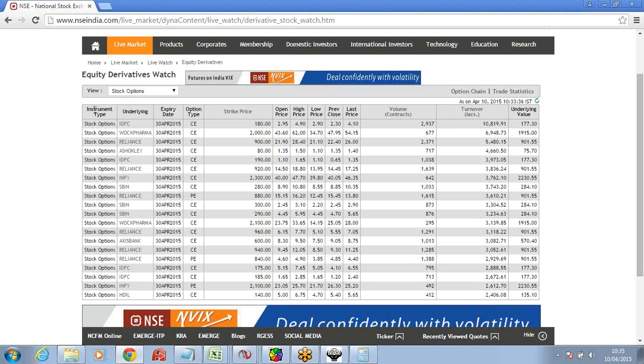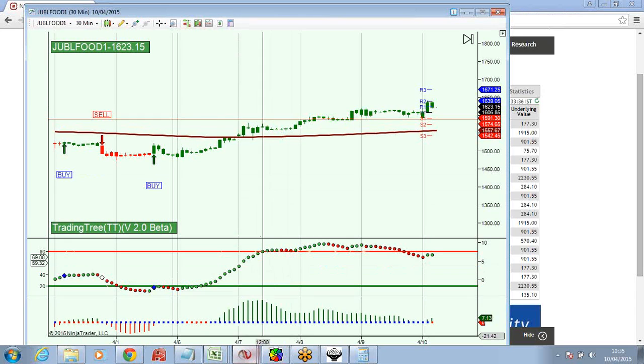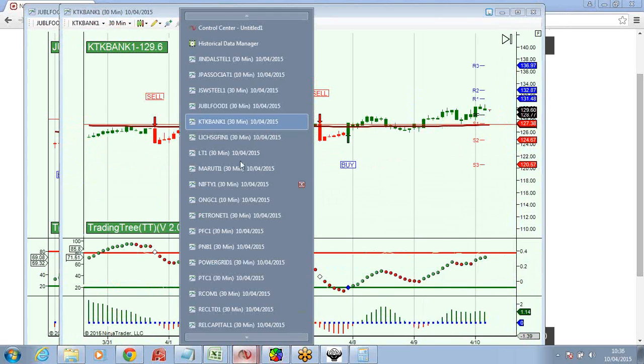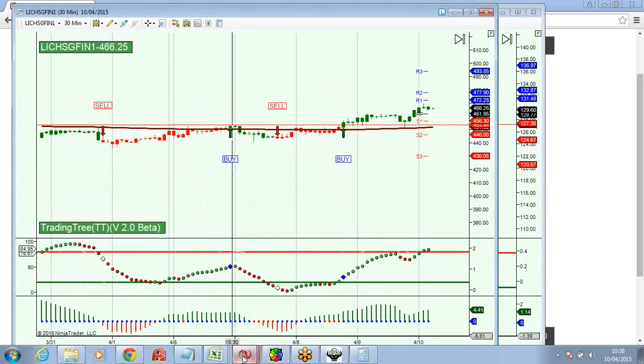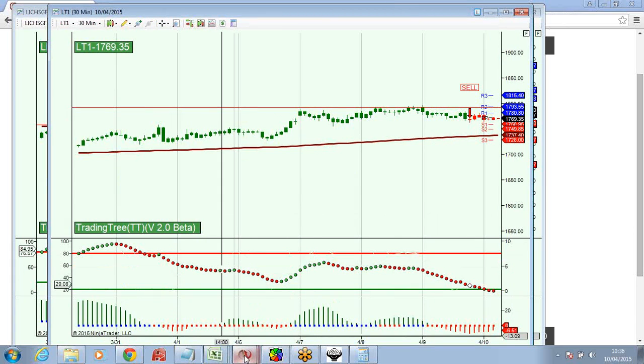So in the morning, you just pick these particular calls and then place your trades, either a call option or a put option. A put option is for calls where you get a sell call in your chart. In case you get a sell call in your chart, then you buy a put option. Maybe I'll just try and find one.